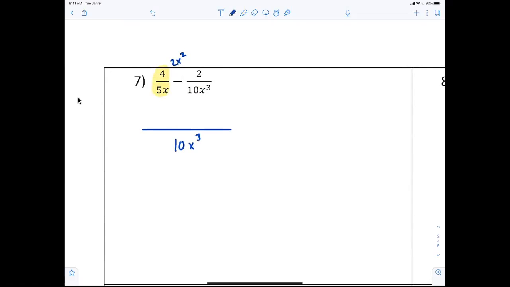Because I'm going to multiply the denominator by 2x squared, and that will give me 10x cubed. Is everybody okay with that? Then the left numerator becomes what? 8x squared minus 2. Please take a look at that. I really don't think it's that hard.